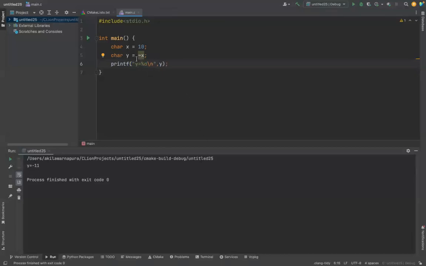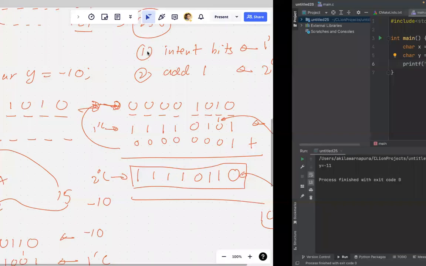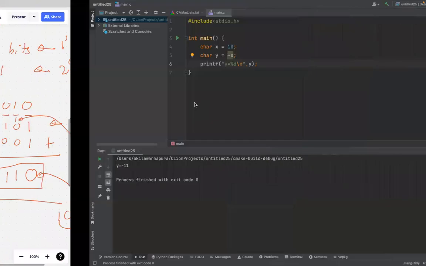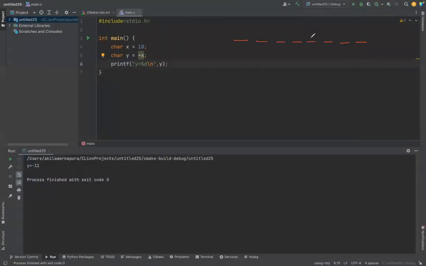It is char, and char means 8 bits: 1 2 3 4 5 6 7 8. 10 means 1 0 1 0, and the leading bits are 0. Okay, this is x.